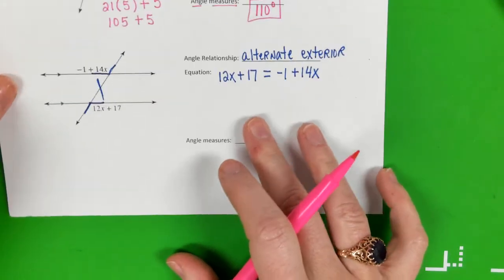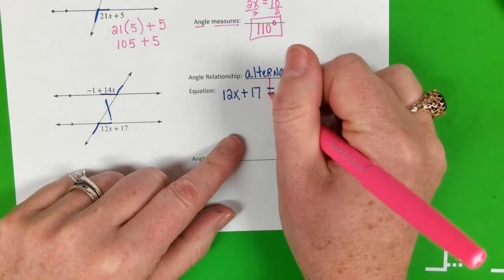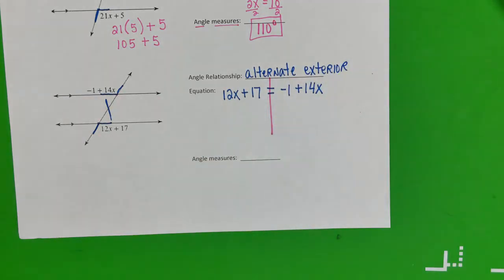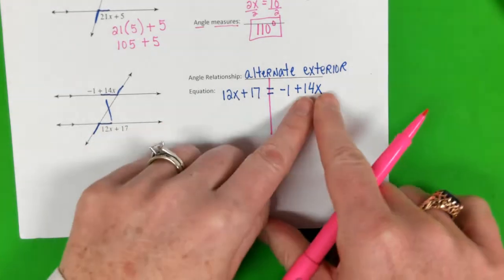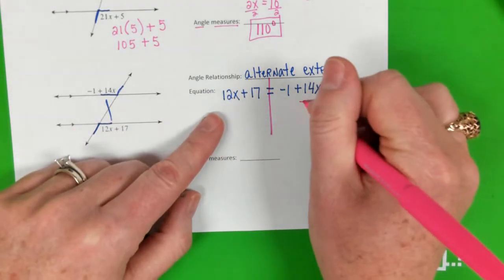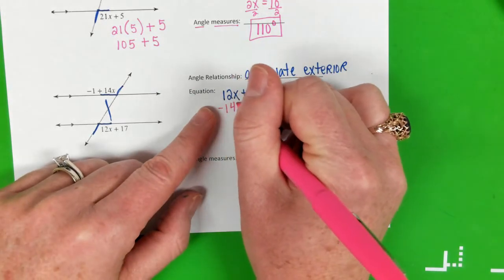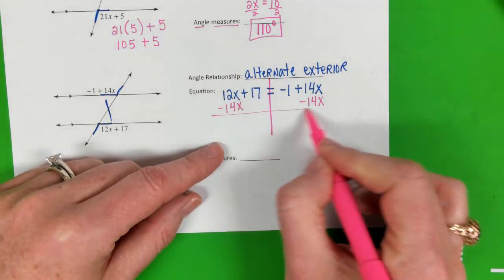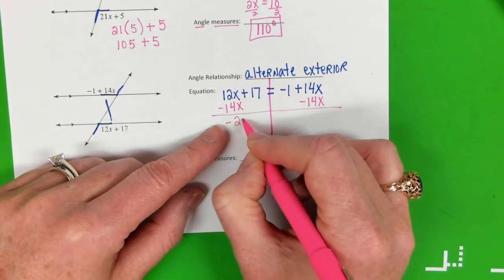Okay, let's look at the second one. So again, I've got variables on both sides. We need the variables on the same side. We can move 14x, we can move 12x. I think a lot of you like your variable to be on the left side, so I'm going to go ahead and subtract 14x from both sides. 12 minus 14 is negative 2.